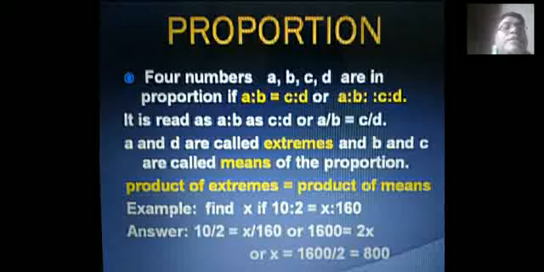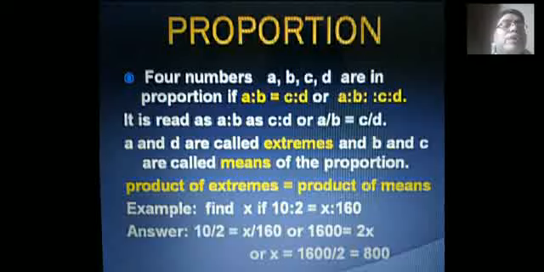Keep in mind, the product of extremes is equal to the product of means. That means if you take four quantities and verify that the product of their extremes is equal to the product of their means, then you can say they are in proportion.